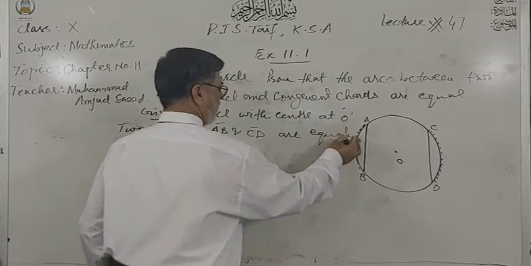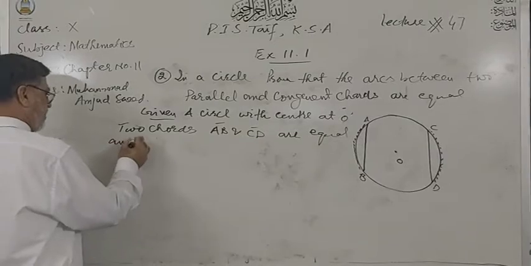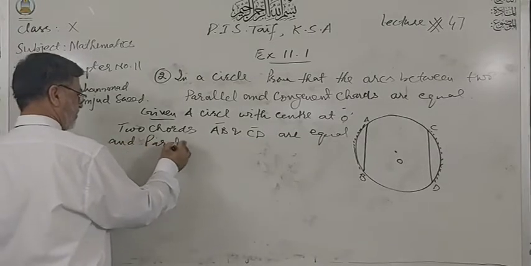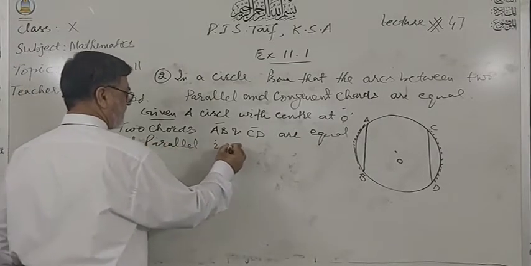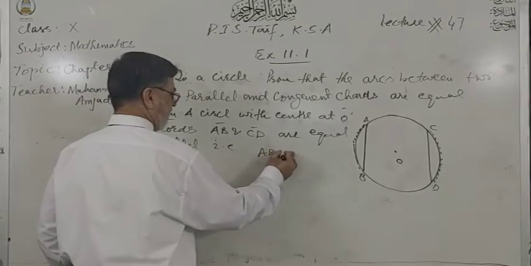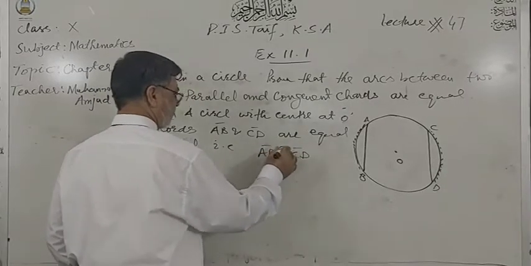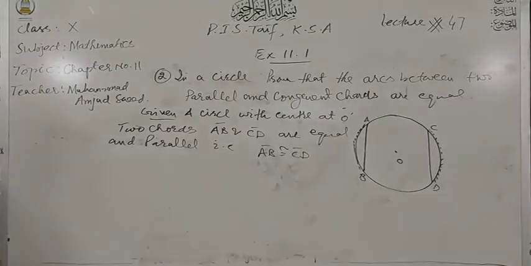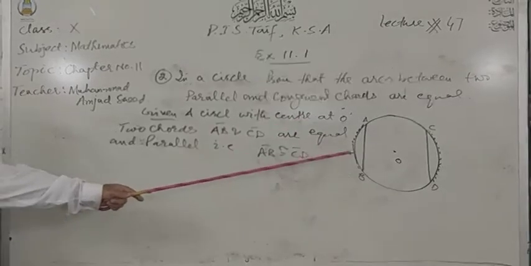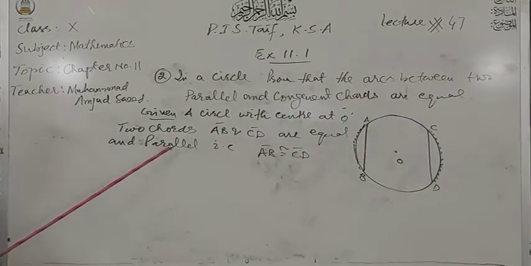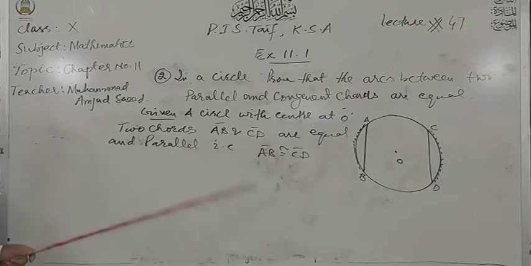equal and parallel. That is, AB is congruent to CD. A circle with center at O, two chords AB and CD are equal and parallel. That is, AB is equal to CD. They are given.